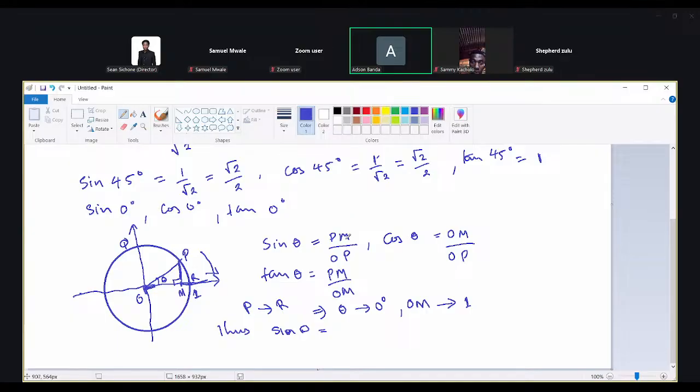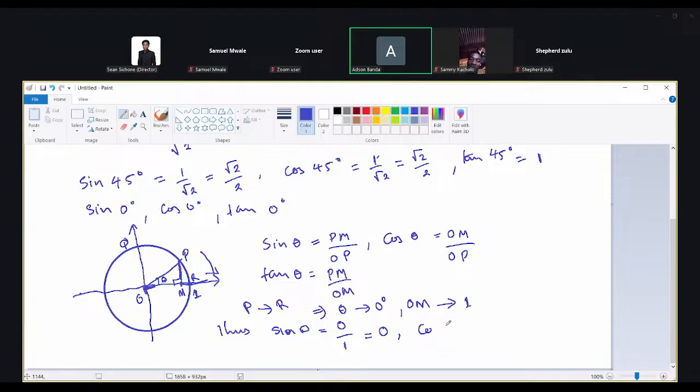But then PM has tended to 0, as you can see in that case. So that will be 0 over, and then OP is going to be equal to 1 because P will be now on R. So you get 0 over 1, and so sine 0 is equal to 0.